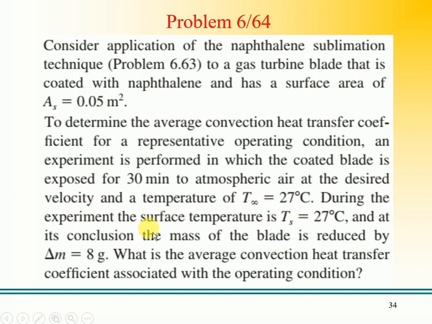During the experiment, the surface temperature is 27 degrees centigrade, and at its conclusion, the mass of the blade is reduced by 8 grams. That is, the 8 grams is the amount sublimated. What is the average convection heat transfer coefficient associated with the operating conditions?